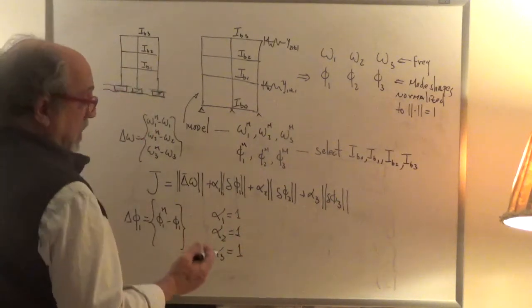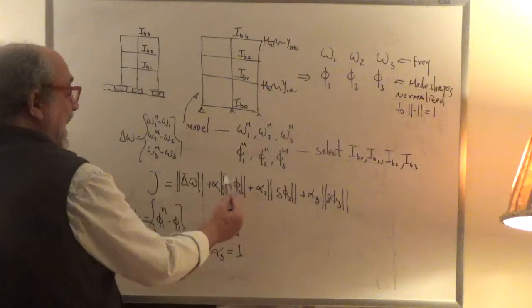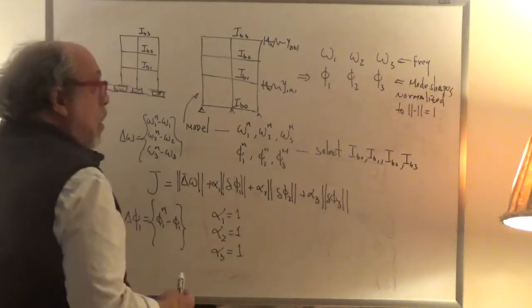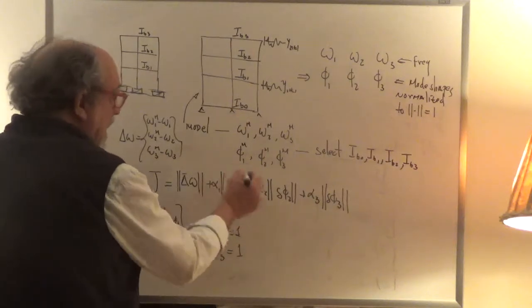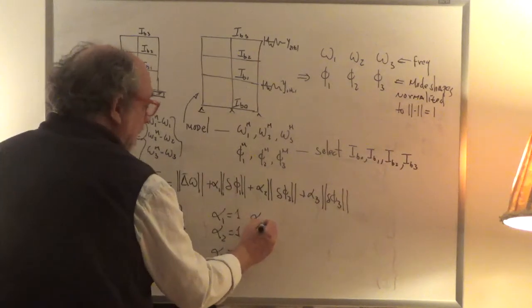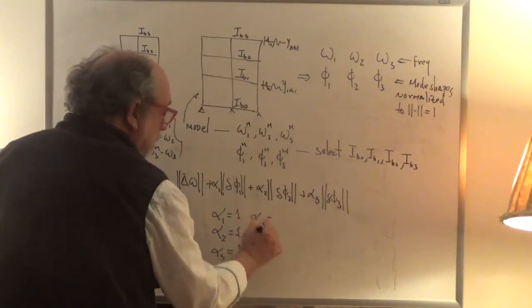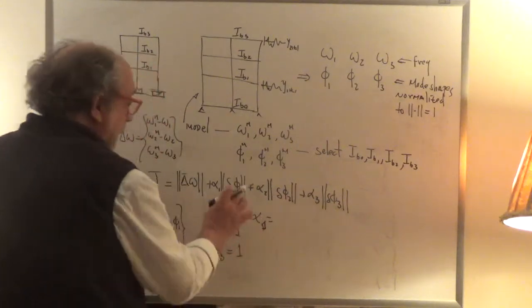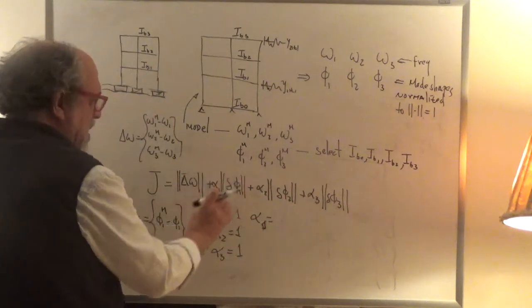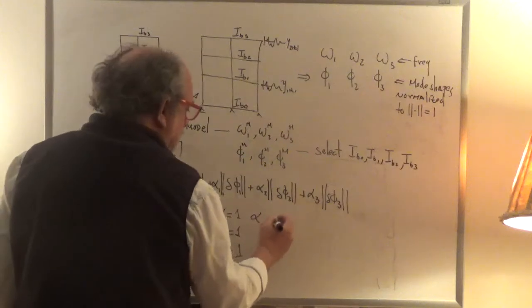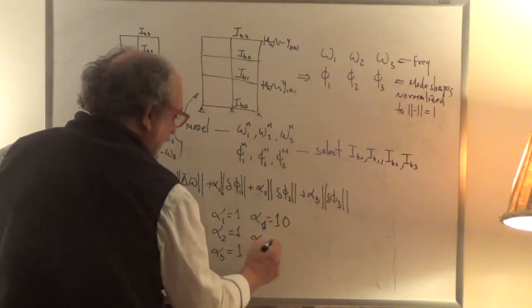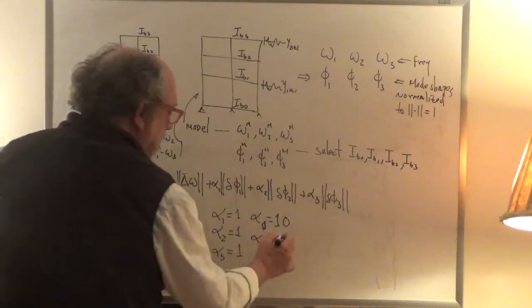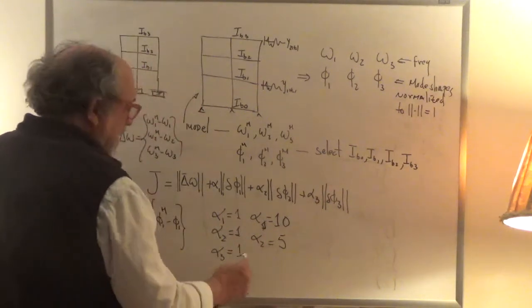You could say something like this: I really believe my first mode from the experiment a lot. I like it. So I want to make this term important. And also because of the delta omegas, I'm going to make my alpha 1 10. I kind of believe my second one quite a bit, but not as much, so I'm going to use alpha 2 5.